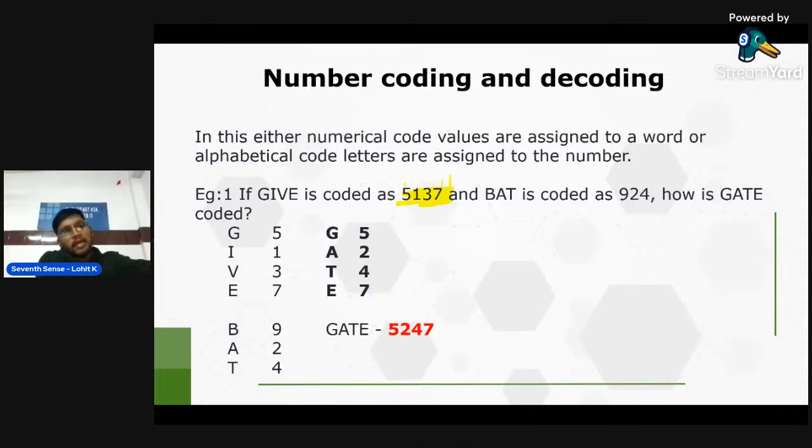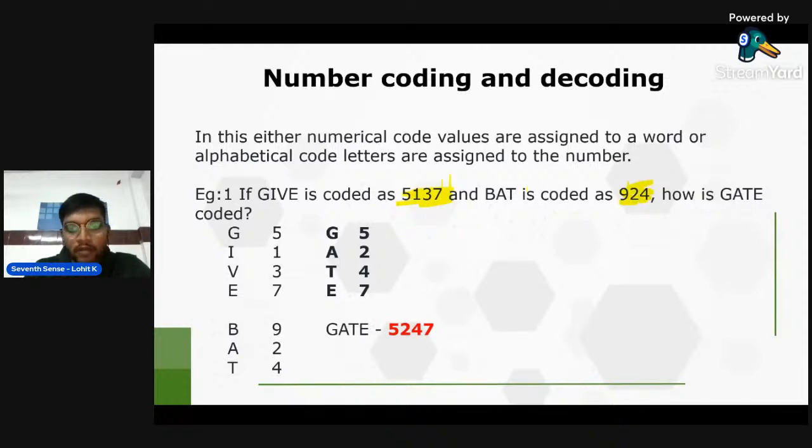That means they are giving one number to each alphabet. So they are giving 5 as G here, 1 as I, they are indicating V as 3, E as 7, and they have given one more thing, that bat is coded as 924. Now as you can see, they haven't used any similar numbers.